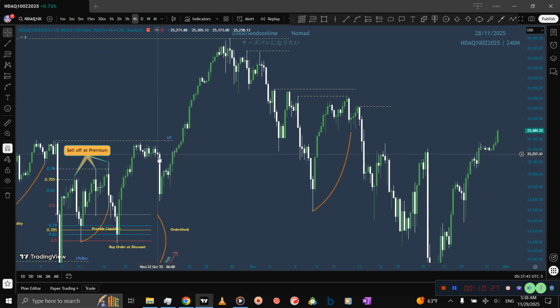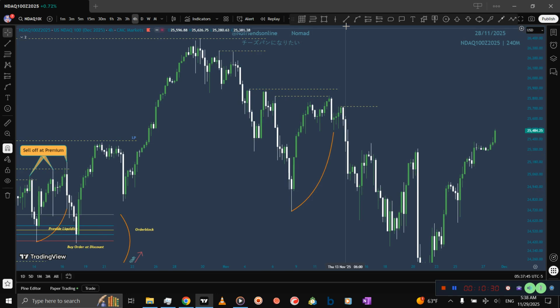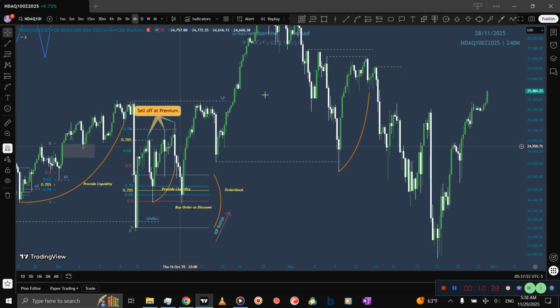So everyone thinks, okay, we took this liquidity, let's go, we have a reverse. But no, it's internal.